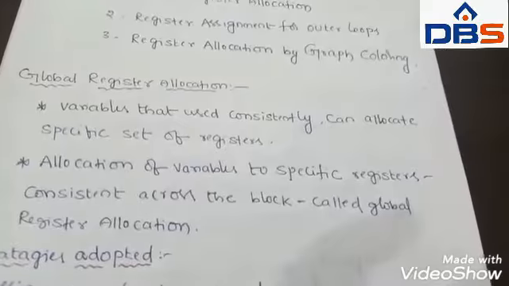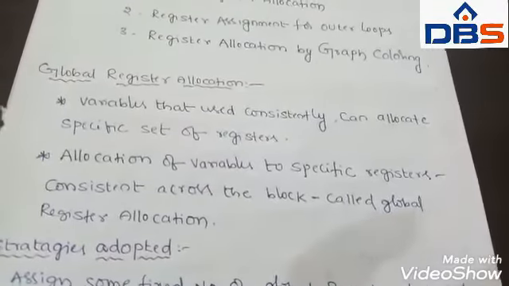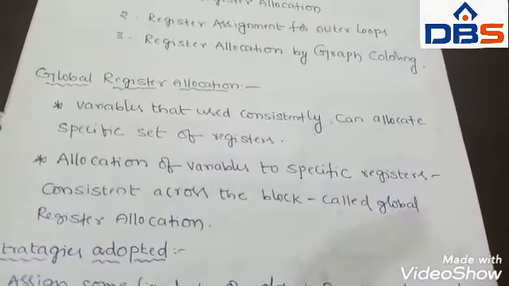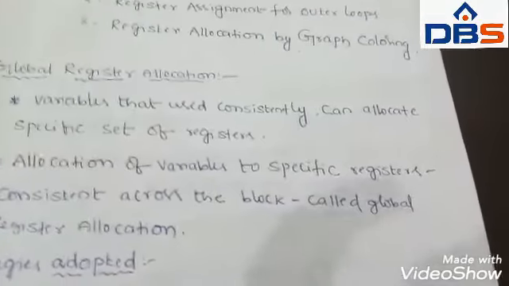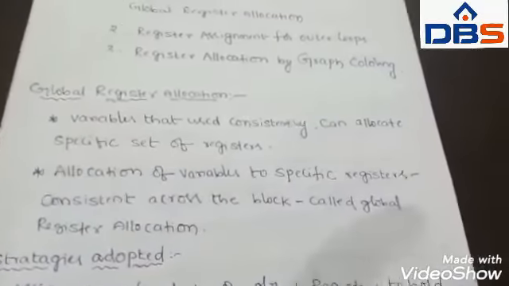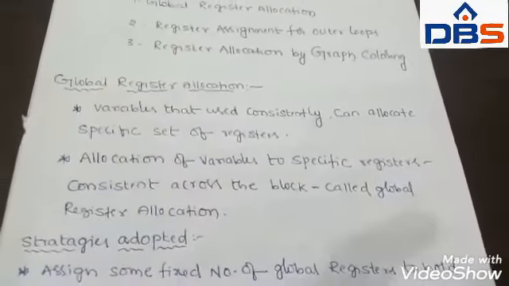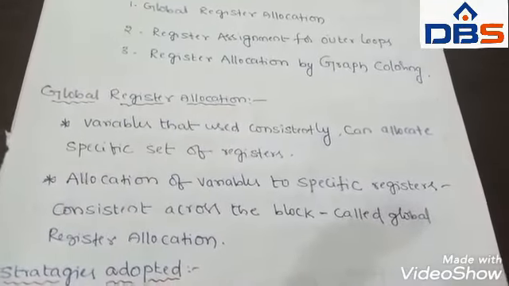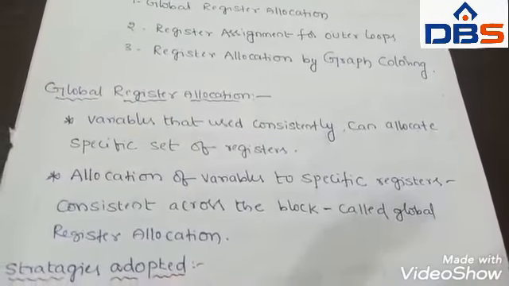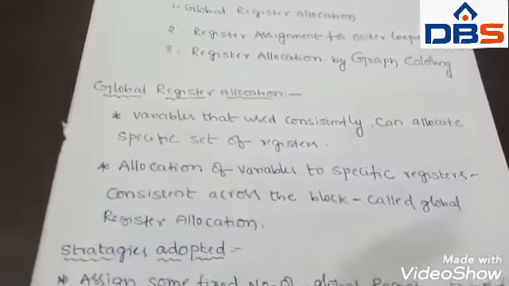All the live variables are stored at the end of each block. For the variables that are used consistently, we can allocate a specific set of registers. Hence, allocation of variables to specific registers that is consistent across block boundaries is called global register allocation.